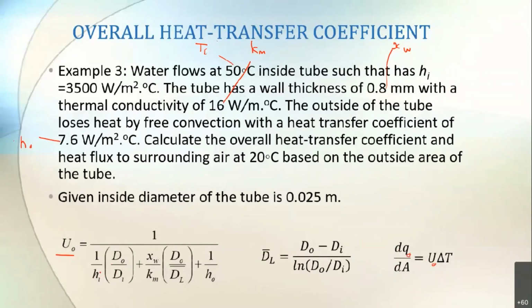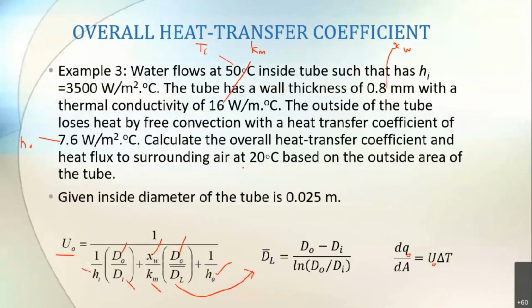So if you look at the question, you know the value of HI, you know the value of DI, you know the value of XW, you know the value of Km, you know the value of DO. You can calculate the value of DL based on this equation, and then you know the value of HO. So you have all the information.